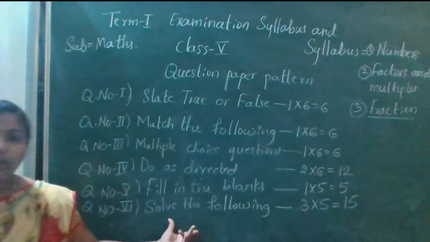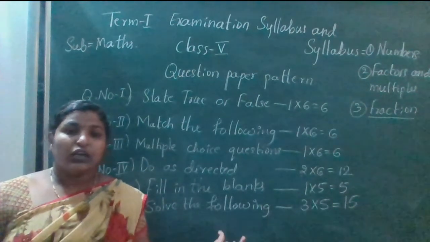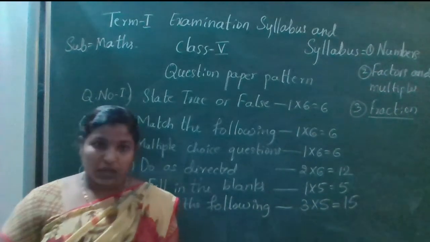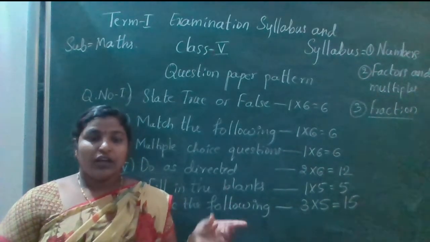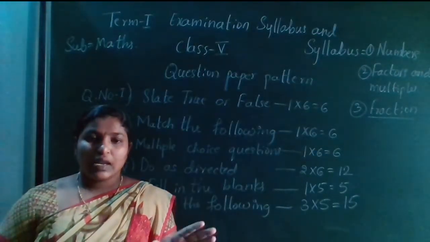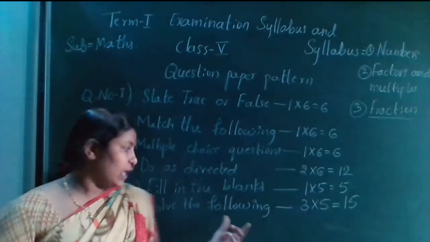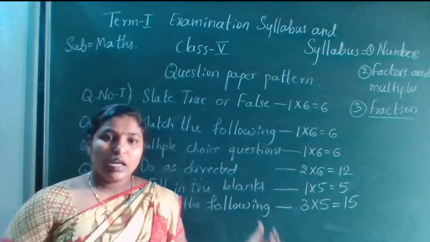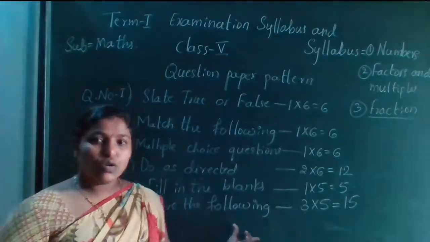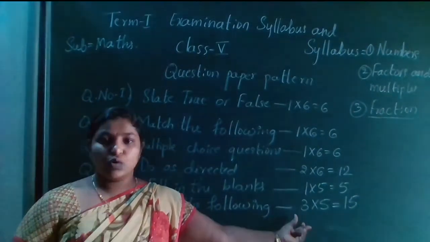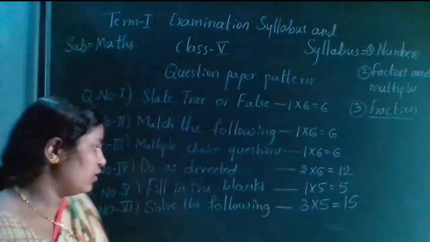Solve the following means there will be big questions like find the LCM of the following. Find the common factors of the given 2 numbers. Problems like these you will get in the solve the following questions. You have to solve these also for 3 marks. 5 questions for 3 marks you need to solve.